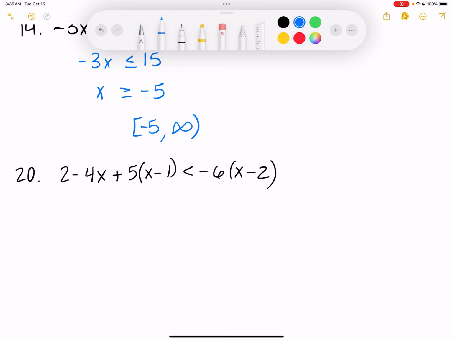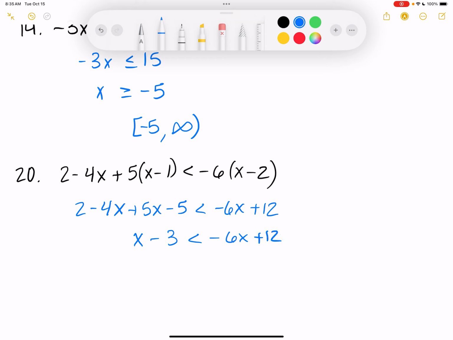So on this side, 2 minus 4x, distribute, plus 5x minus 5 is less than negative 6x plus 12. Combining like terms on the left gives me x minus 3 is less than negative 6x plus 12.